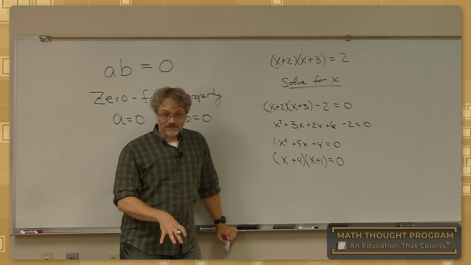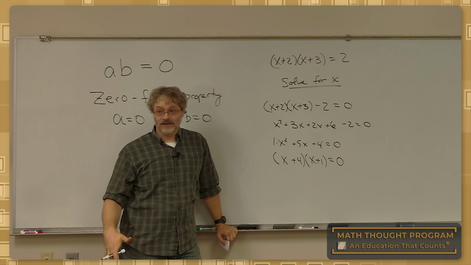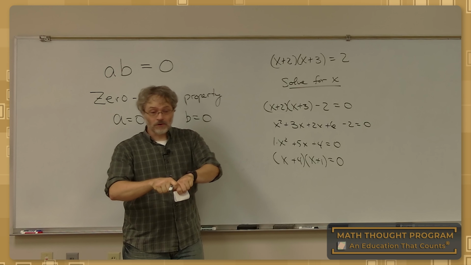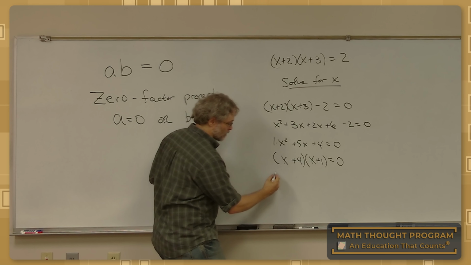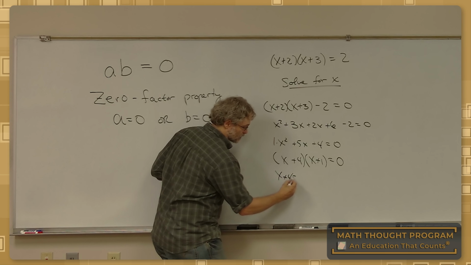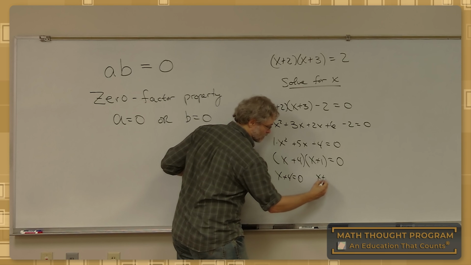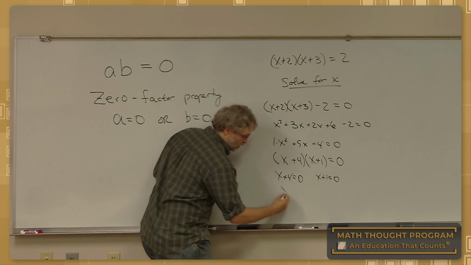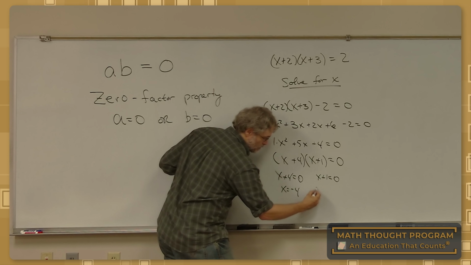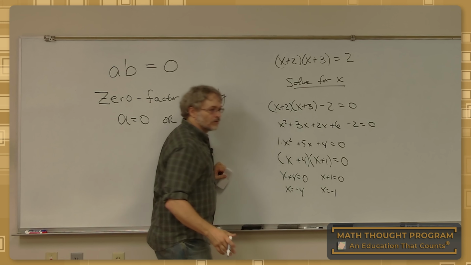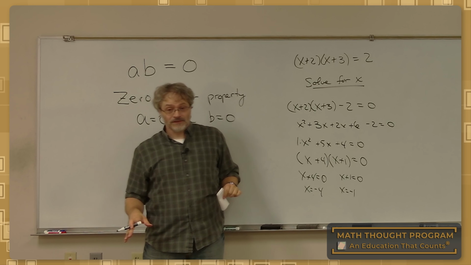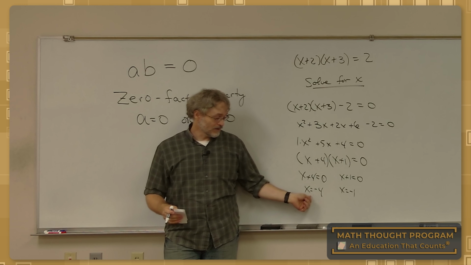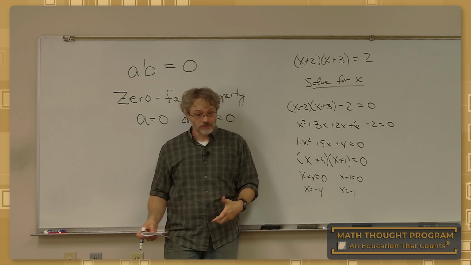Then, once it's been factored, and I have 0 on the other side, I'm going to break it apart, decouple it, take each factor, set equal to 0, and then I'm going to solve. So the real answer is x equals -4 or x equals -1.